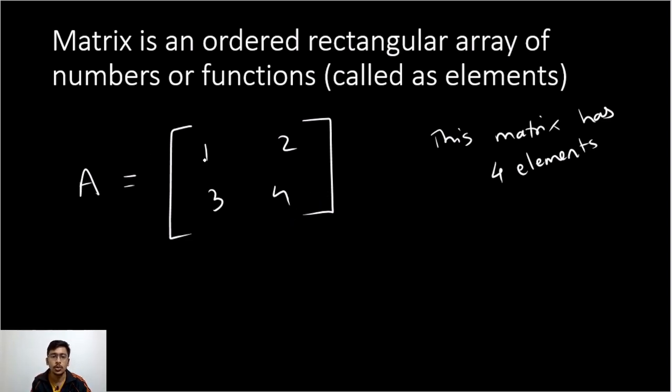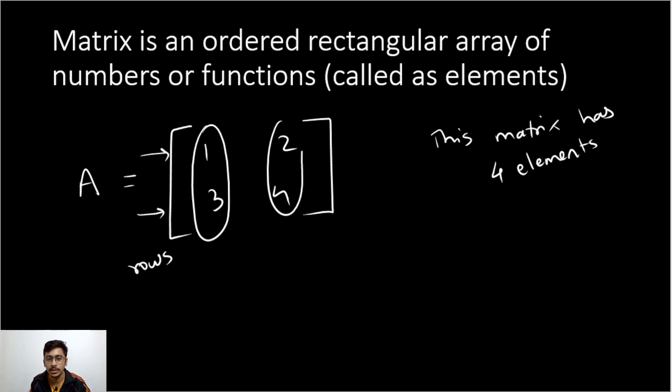It has 2 rows. We call these things rows, and 2 columns. These things are called columns. We have got 2 rows and 2 columns, so we write it 2 cross 2, 2 into 2, which is nothing but 4 elements.